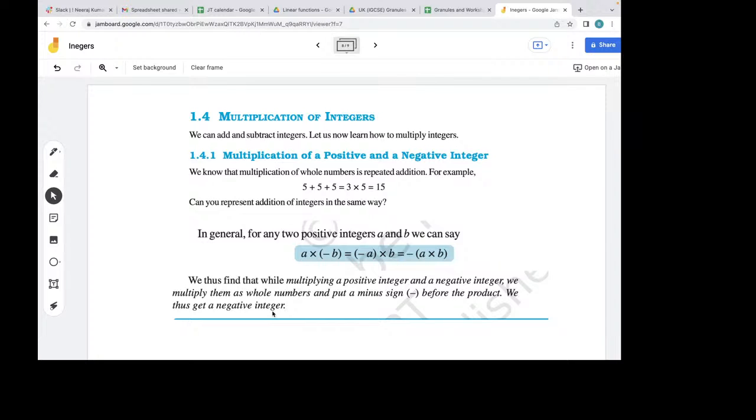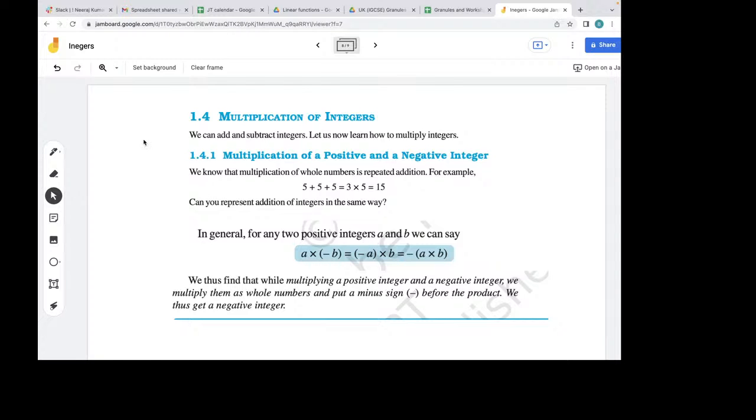So whenever you multiply one positive and one negative integer, you always get a negative integer. Whether you put this minus sign in front of b or in a, it doesn't make any difference while you are multiplying these. Or you can keep it outside the bracket, multiply both of them and put a negative sign before it.